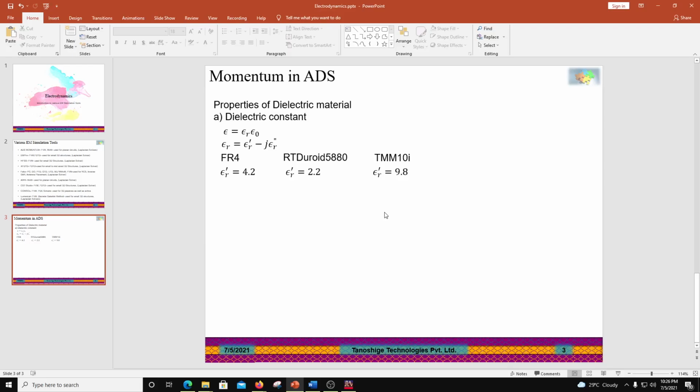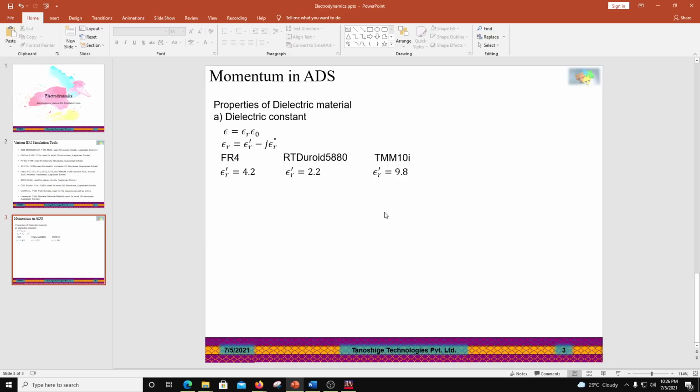So if you choose a high dielectric constant material, the wavelengths are going to be shorter. But there is a drawback here. The velocity of propagation is going to be 1 over the square root of mu epsilon. Mu is mu r times mu 0, where mu r is 1 and mu 0 is 4 pi into 10 raised to minus 7 Henry per meter.